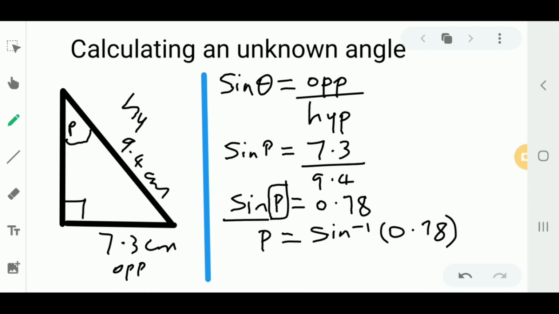Sine inverse times sine gives you I, which is the identity, and anything times the identity is itself. That is why we have sine inverse 0.78. So P is equal to, when you press shift, sine, and 0.78 on your calculator, 51.3 degrees.